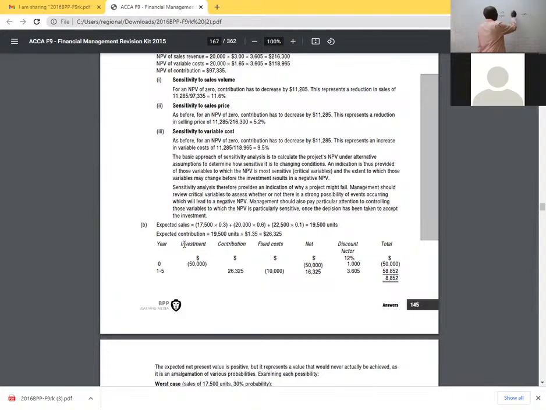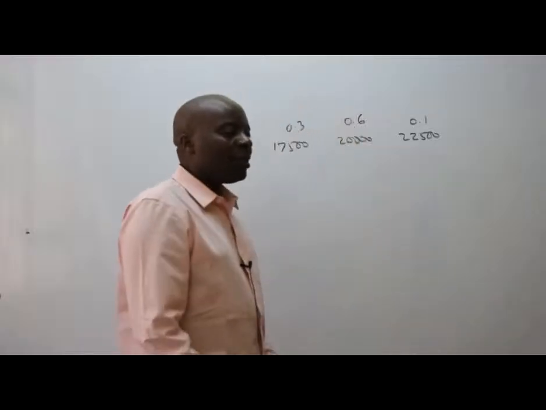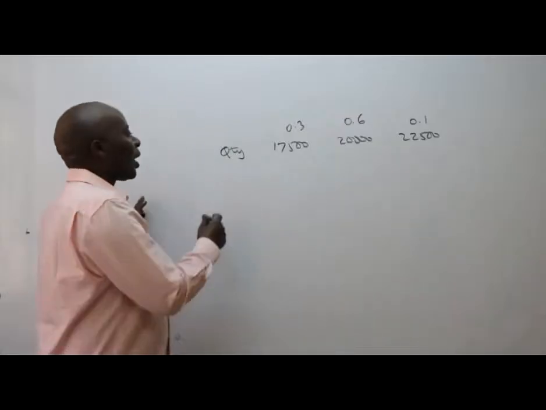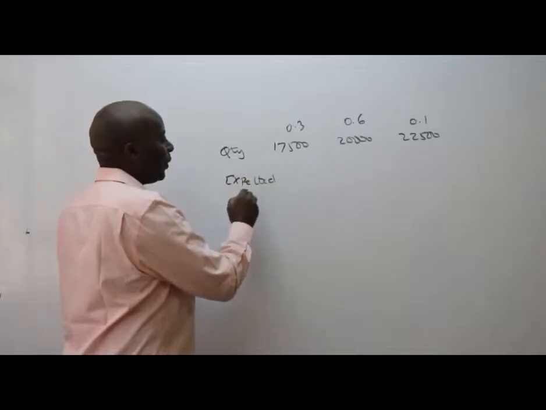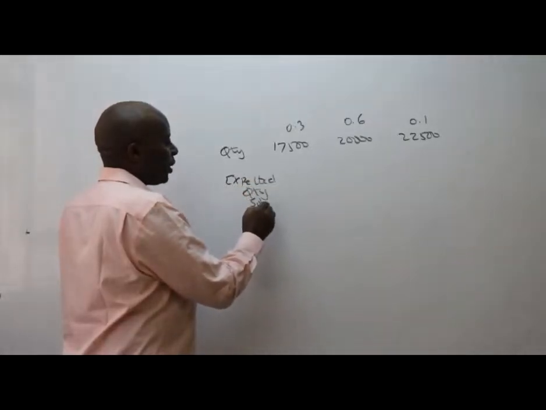0.6, and 0.1. Now, as we did yesterday, of course, what they would expect us to do, ladies and gentlemen, here is to give them the average quantity sold, the expected quantity sold.